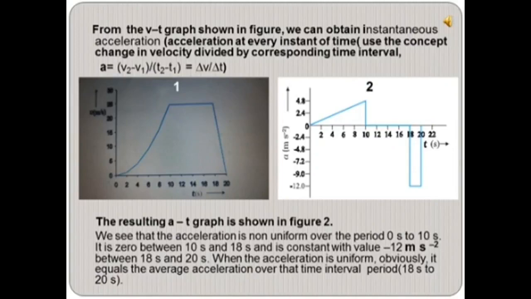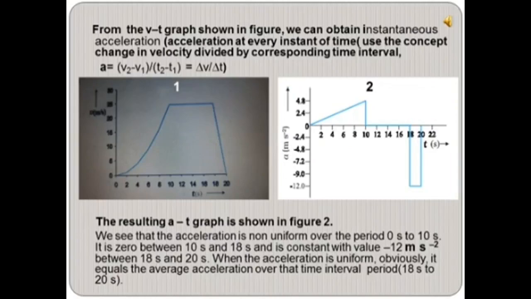We can draw acceleration time graph from velocity time graph. Figure 2 shows the resulting acceleration time graph or AT graph, where acceleration is represented in y-axis in unit of meter per second square and time t is represented in x-axis in unit of second.